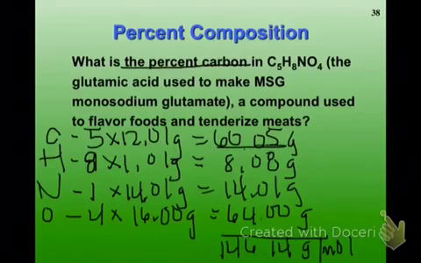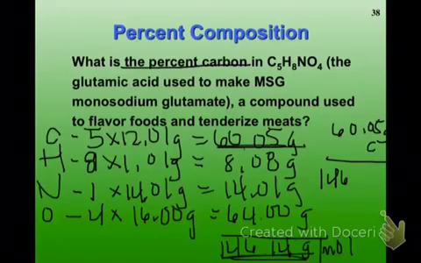And so I'm going to take this mass of carbon and divide it by my total over here. So 60.05 grams of carbon divided by 146.14 grams of my compound, let's say.